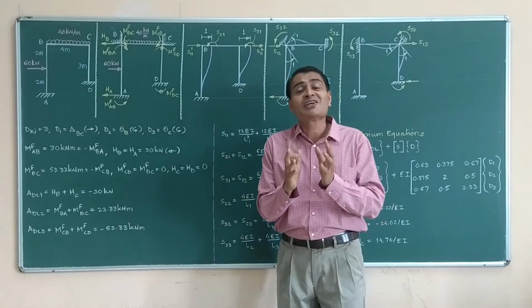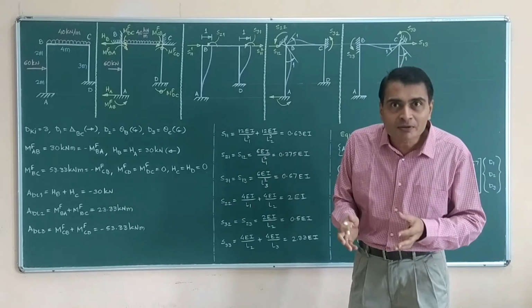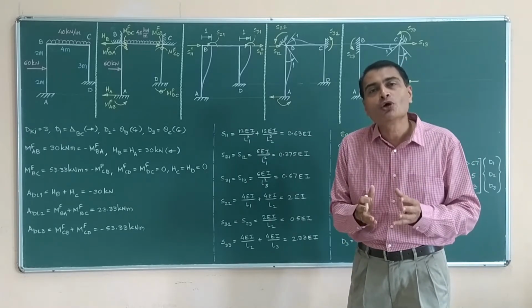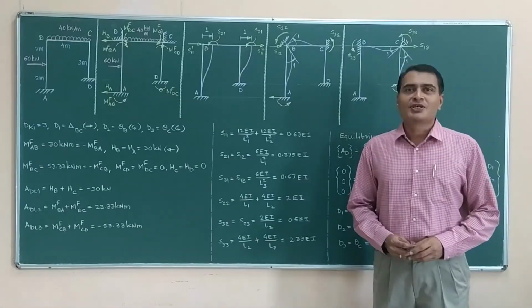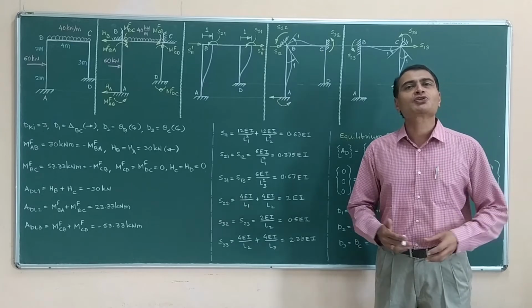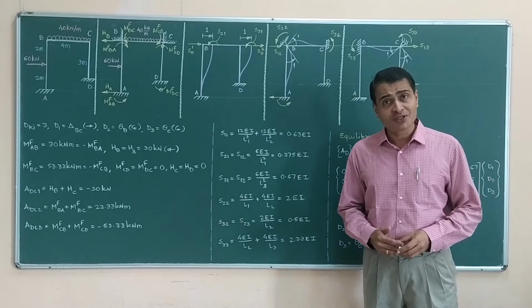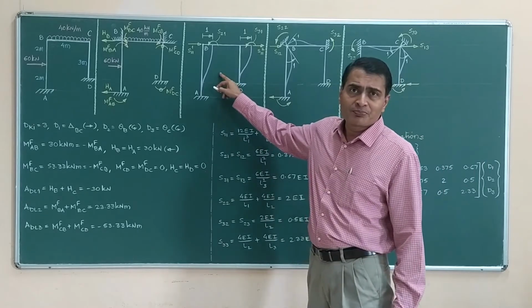So please make it certain that you are understanding ADL1, ADL2, ADL3. That is very crucial. Next and equally crucial point is stiffness coefficients or stiffnesses. Please observe this diagram.